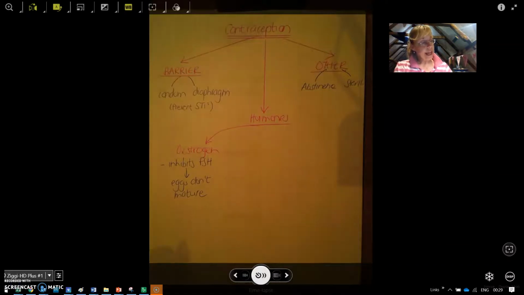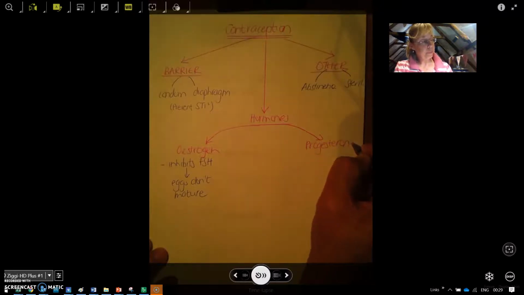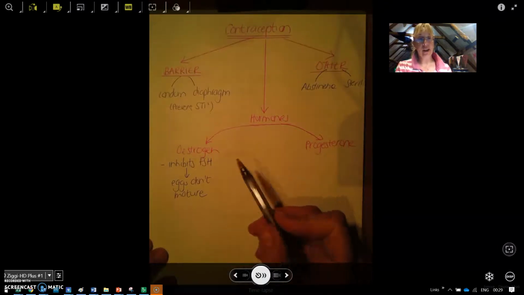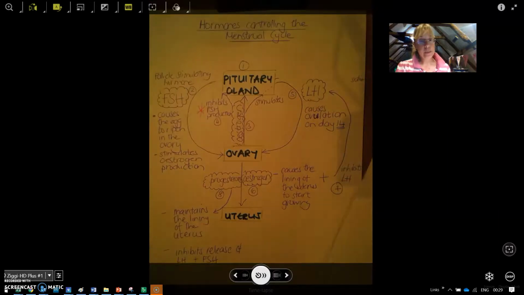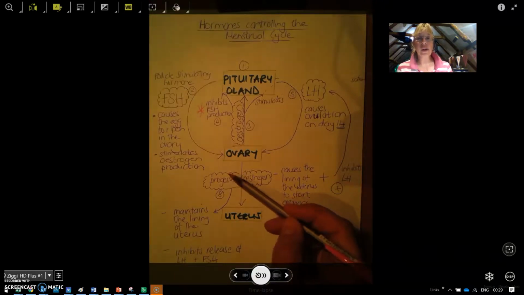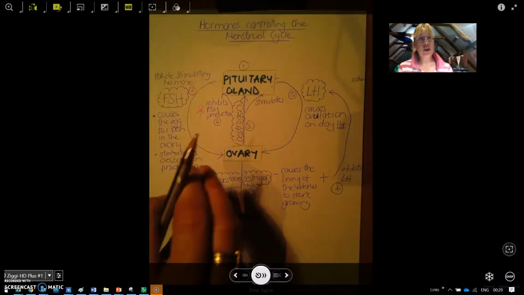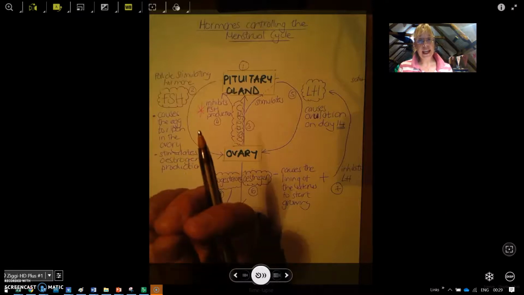Okay, the other option is a progesterone pill. Now, very important, none of these are acting as barriers, so they cannot prevent you from getting a sexually transmitted disease. But let's have a look at what progesterone did. So if you have progesterone, what it does is it causes that lining to thicken, and there's a thick mucus that actually stops the sperm from reaching the egg.